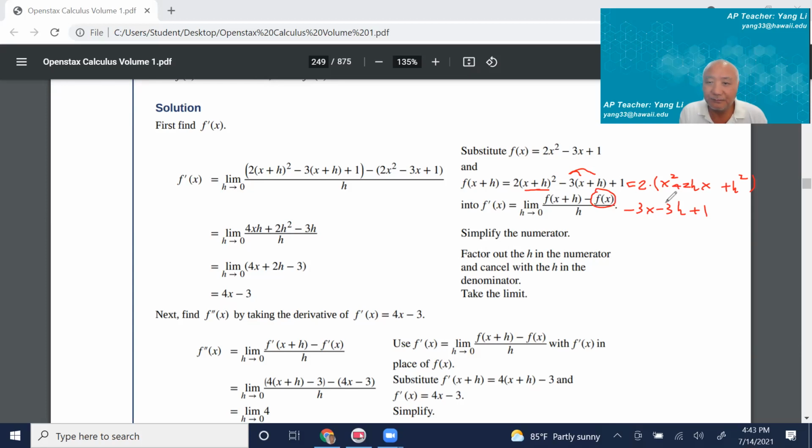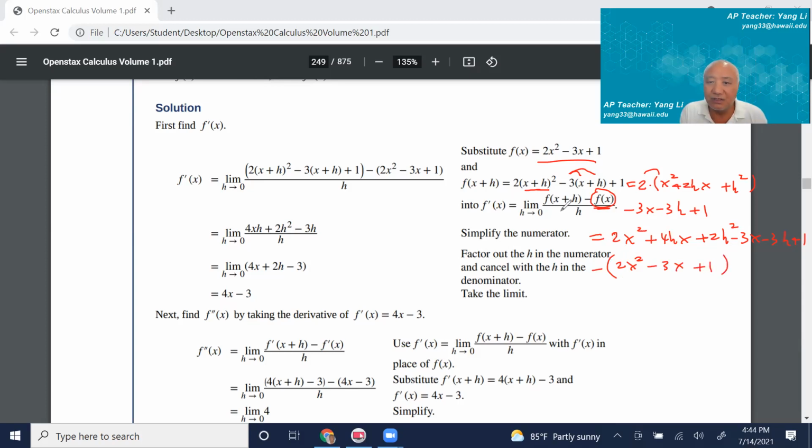And then you need minus f(x). Well, let me simplify this one first. Distributing again: 2x squared plus 4hx plus 2h squared minus 3x minus 3h plus 1. And then you have a minus f(x), which is 2x squared minus 3x plus 1.